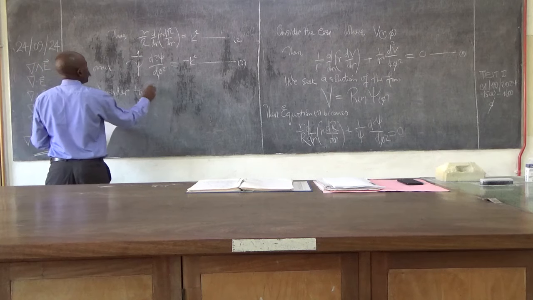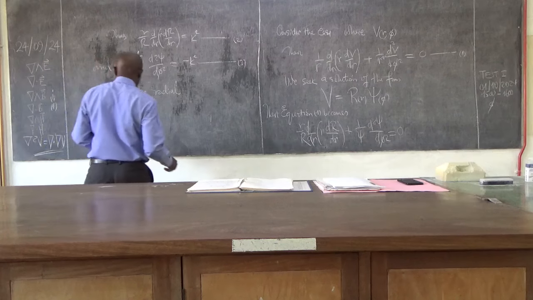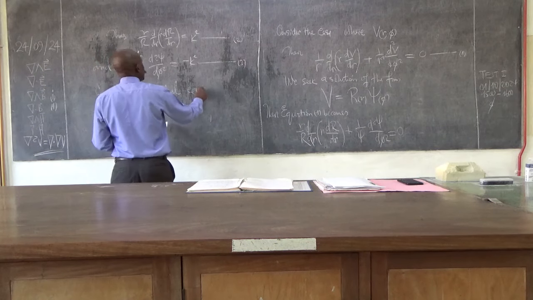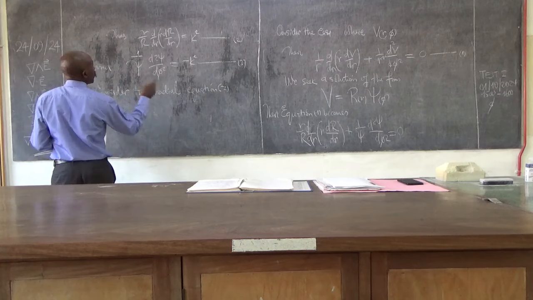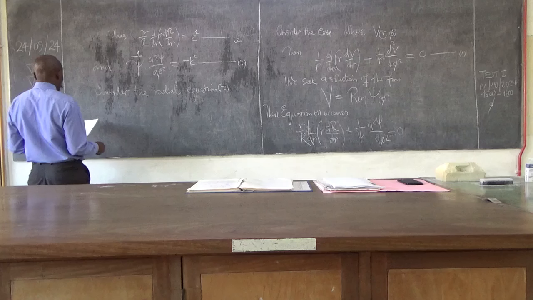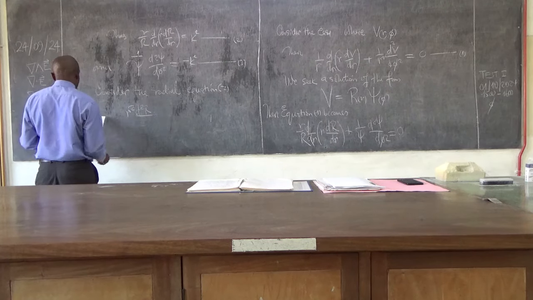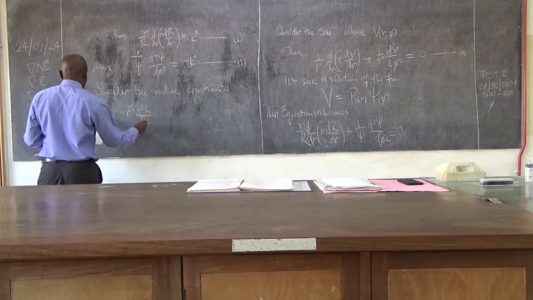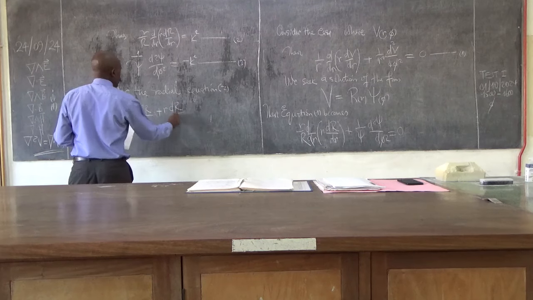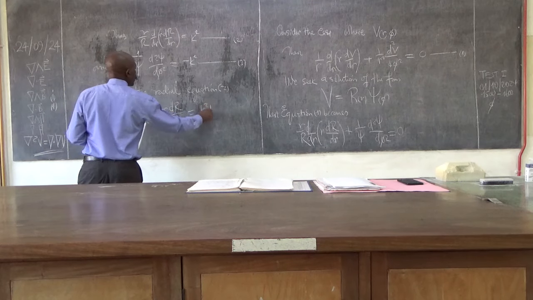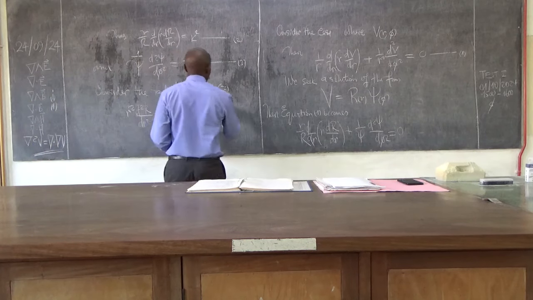Equation 2 would be that we got r squared, d over dr of r squared dR over dr, over R, is equal to k squared. This will be our equation 4.